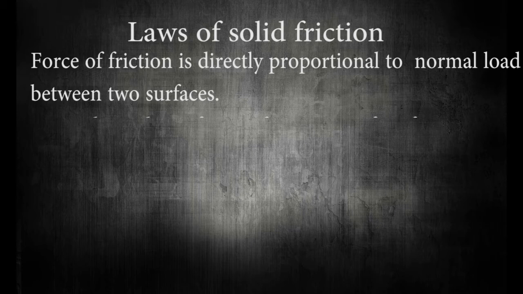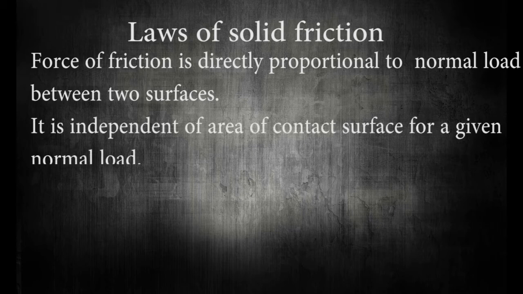Next law says that it is independent of area of contact surface for a given normal load. Let me give you an example. If there is a cube having a surface area of 1 feet by 1 feet, means 1 feet square, and the weight is 5 kilograms.